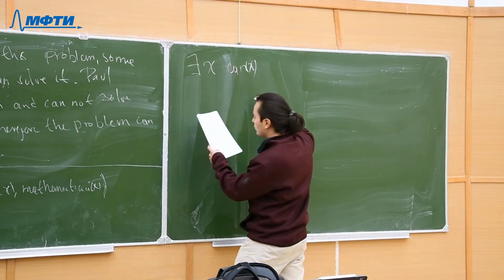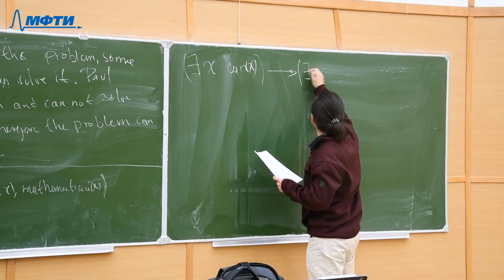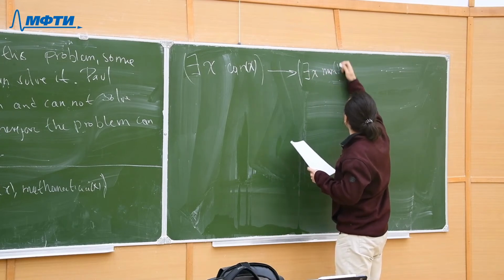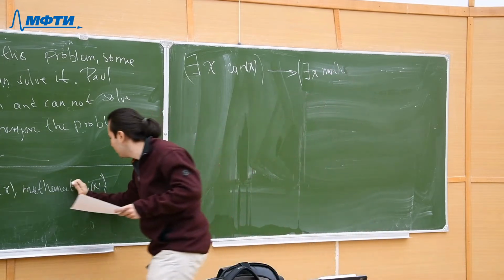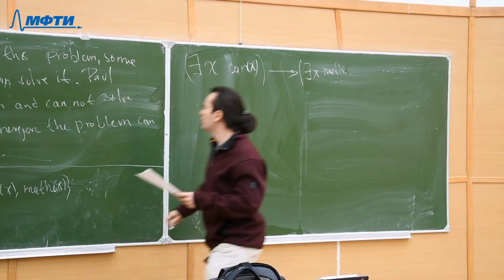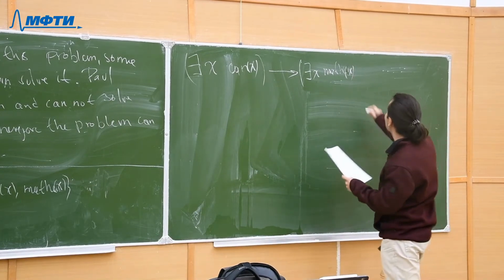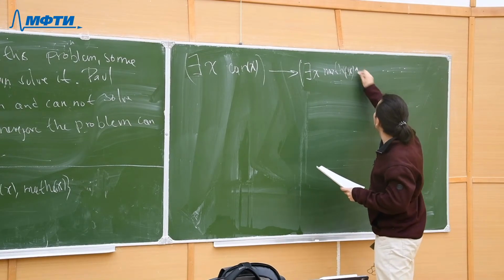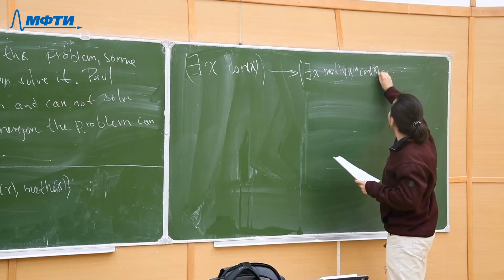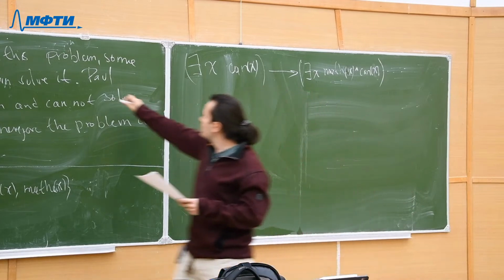So from this we can conclude that some mathematician, let's write math, because mathematician is a long word, then there exists a mathematician that can solve it. So there exists a mathematician and he can solve it, right? So this is the first statement here.